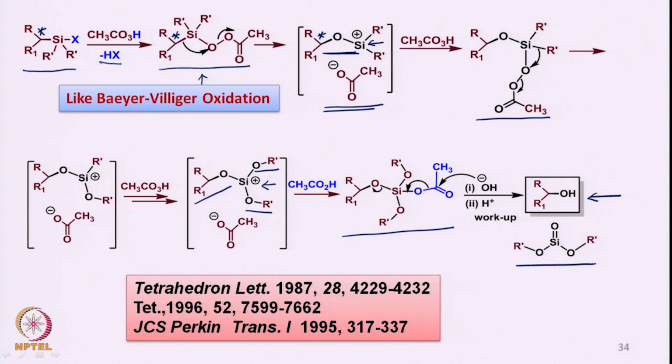So this is the Fleming oxidation, in which in two steps, first the silicon substrate, which has one phenyl ring and two carbon-based groups, undergoes protodesilylation to form a silicon-X bond, and then with peracetic acid eventually one gets this alcohol, which has the same chirality as the starting silicon substrate.